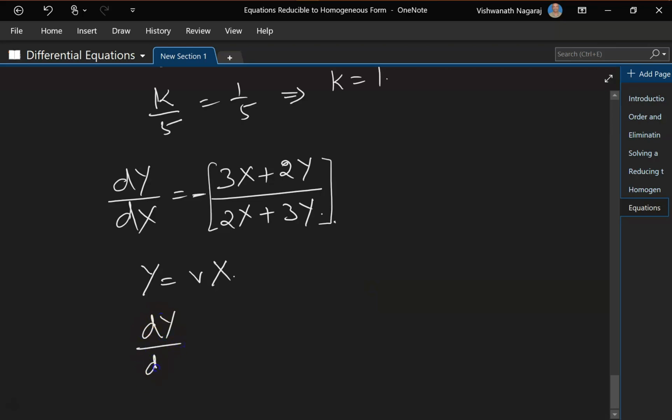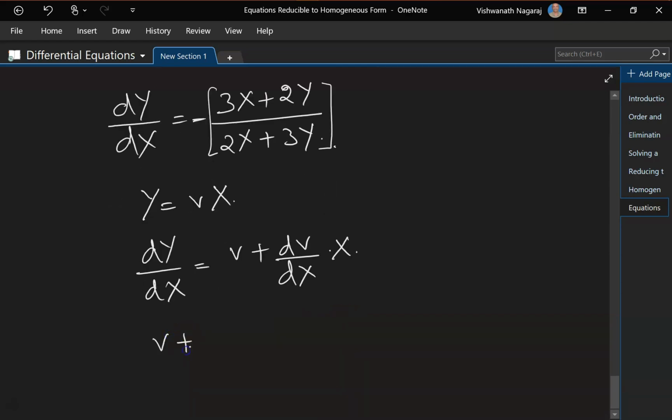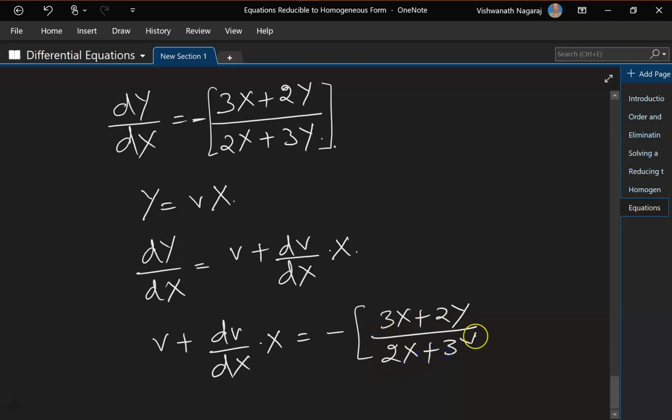Differentiate with respect to x. We get v plus dv by dx times x. So v plus dv by dx times x is equal to minus 3x plus 2y by 2x plus 3y.